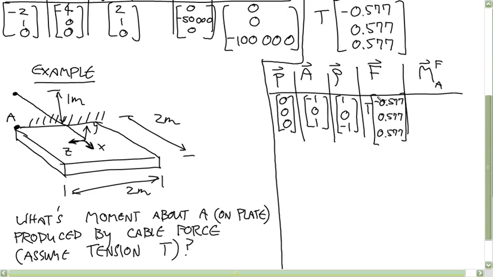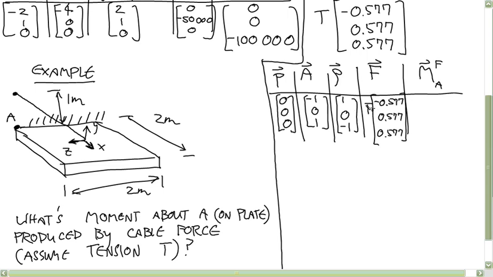And so now we just need to cross rho and F to get the moment. So let's see, you have to go back to the formula for the cross product.